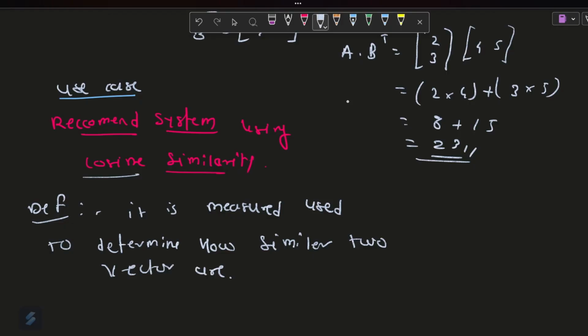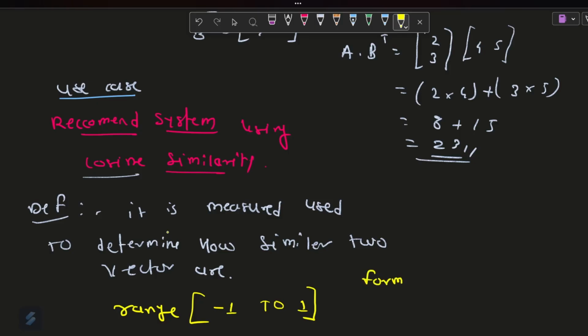This is a simple definition. When you talk about the range of cosine similarity, its range is from minus 1 to 1. This is the range of cosine similarity. Don't worry, we will understand the example as well as the formula.